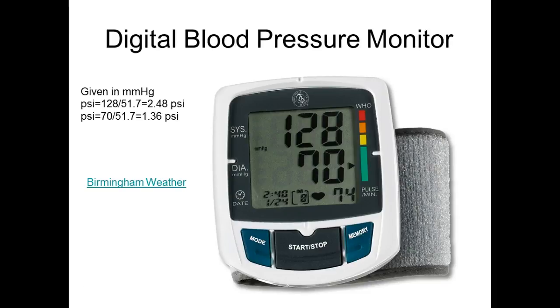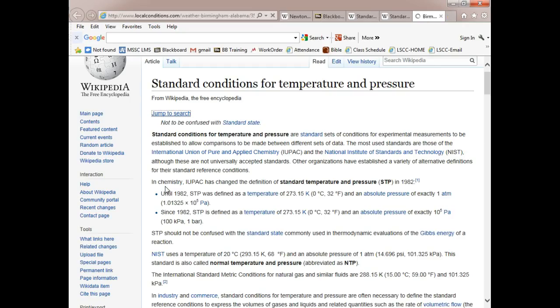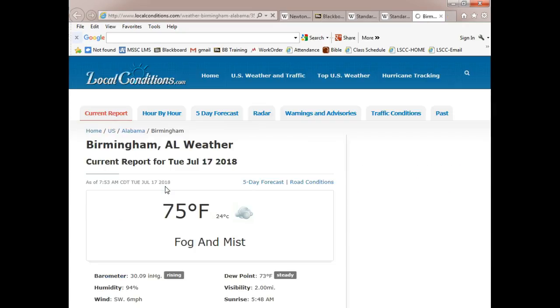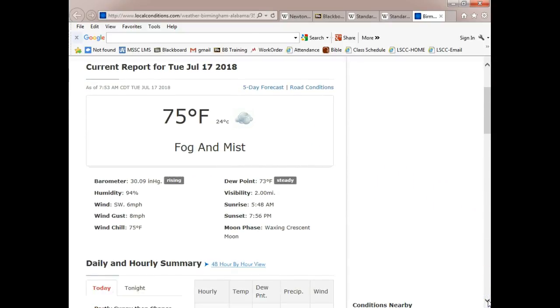And we get this all the time. Here's Birmingham weather right there, and they give me what they call the barometric pressure. What is barometric pressure? Right now we're at 75 degrees, and our barometric pressure is 30.09 inches of mercury.